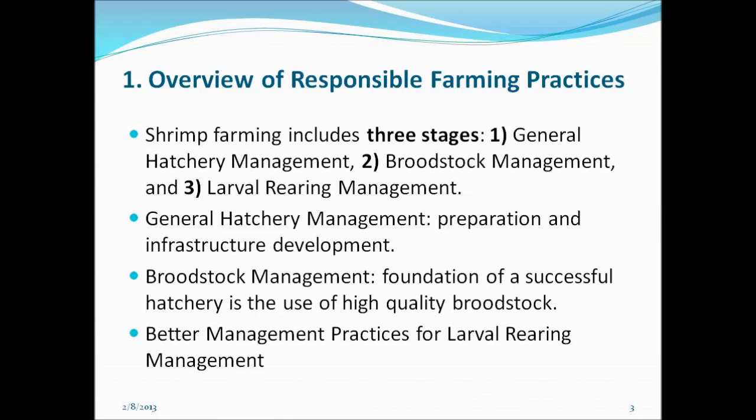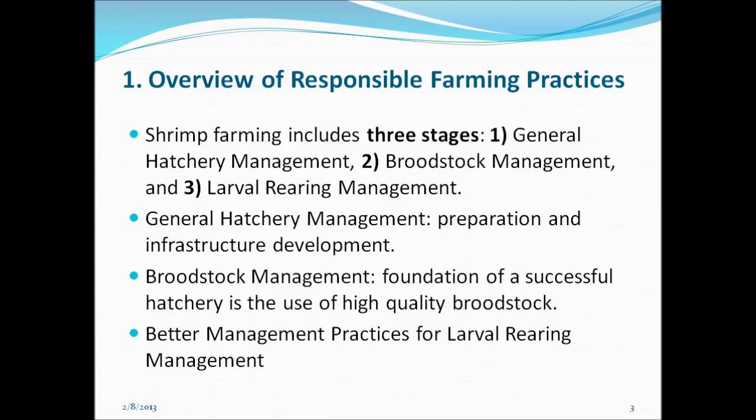So preparation, infrastructure development, that really is just about keeping your facilities clean to prevent diseases and future problems. If you think about it simply, it's not that complicated, but the problem is it's a lot of steps involved to make sure that you don't cause any future problems.